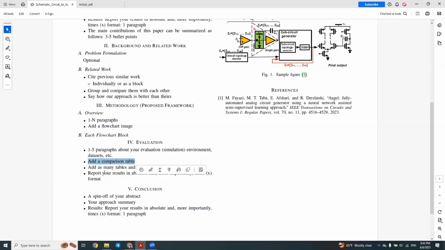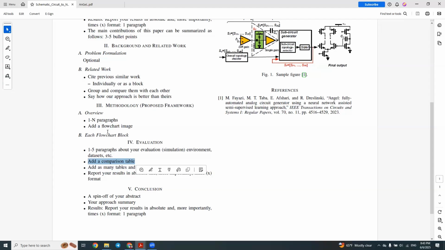Okay. Again, if your work is great, and you just say that my accuracy is 90%, even though in the related work section you have mentioned that the previous work had 70% accuracy, it's very, very hard to believe that the reviewers are going to read that section exactly.